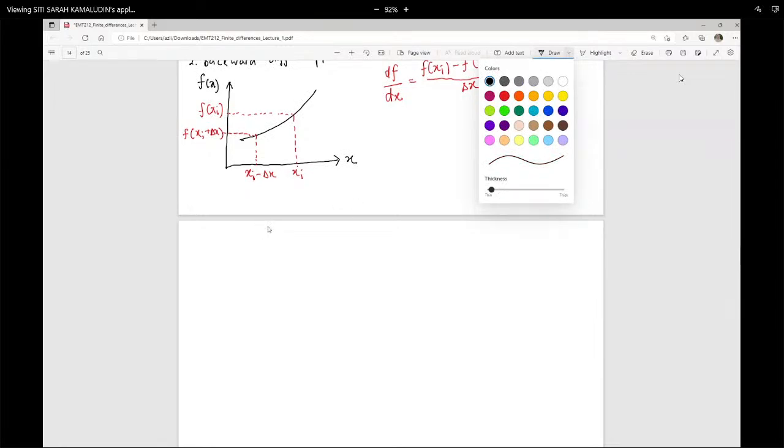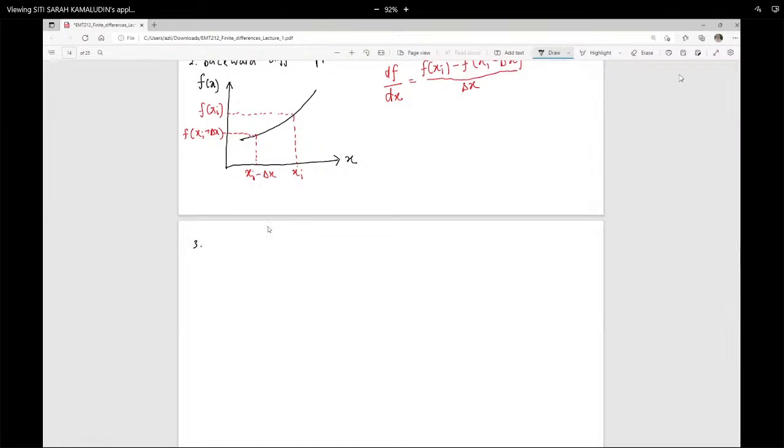Then we have another one, that is central difference.